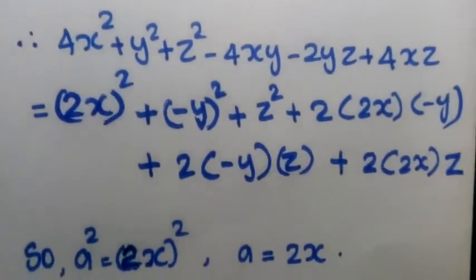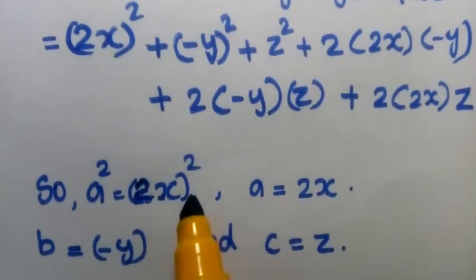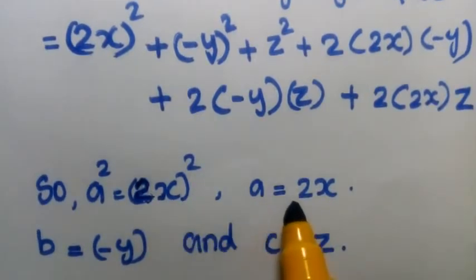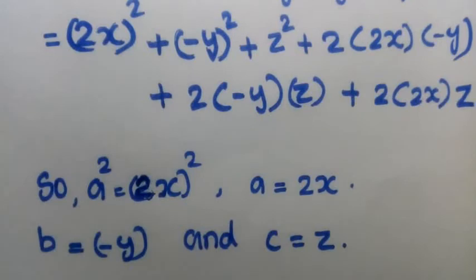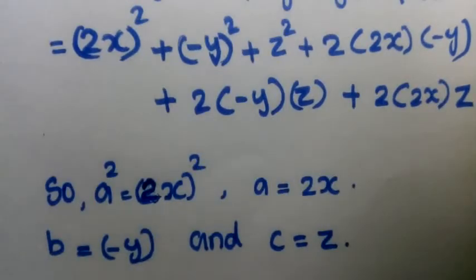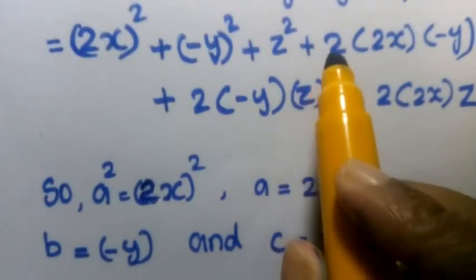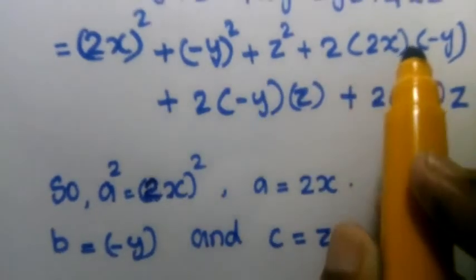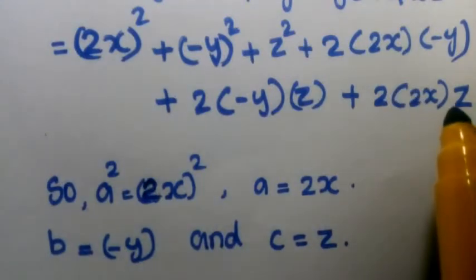So, a² is equal to (2x)². Therefore, a is equal to 2x. b is equal to -y. And c is equal to z. Now, it is like a² + b² + c² + 2ab + 2bc + 2ca.